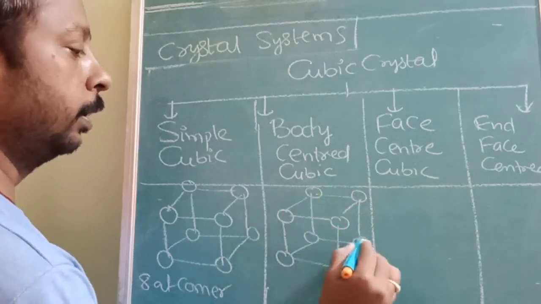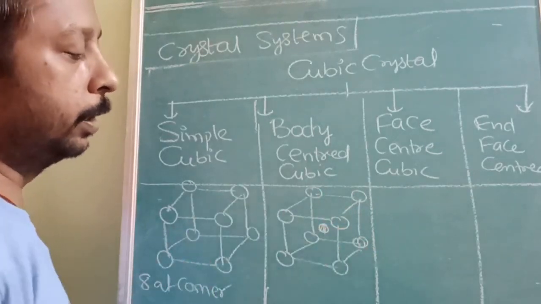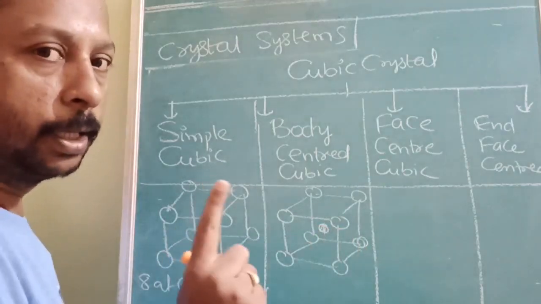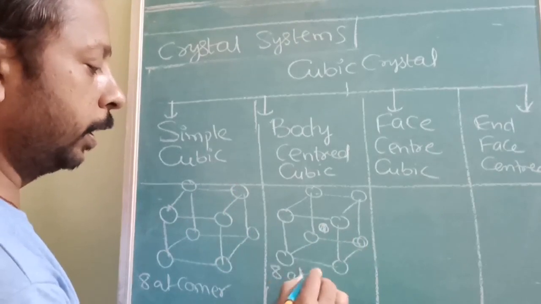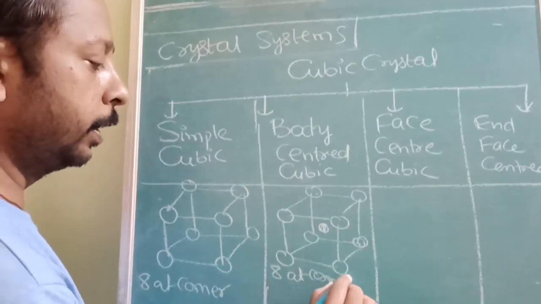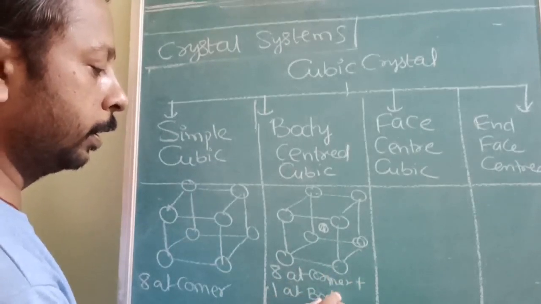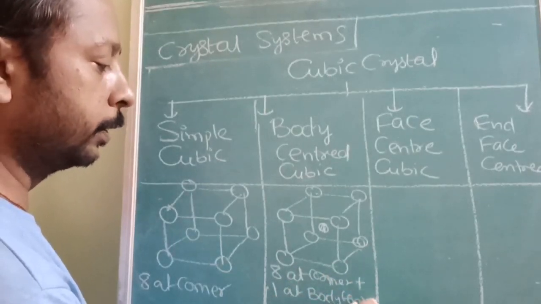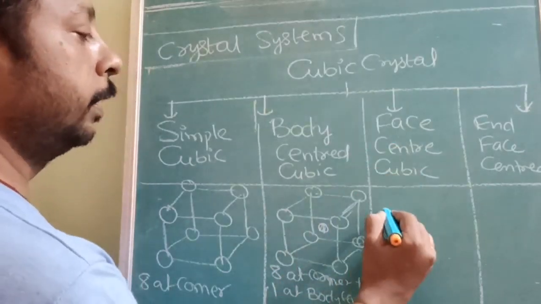Apart from the lattice point at the corner, one lattice point is also available at the body center. So 8 at corner plus 1 at body center. Okay, next after this, face centered cubic.